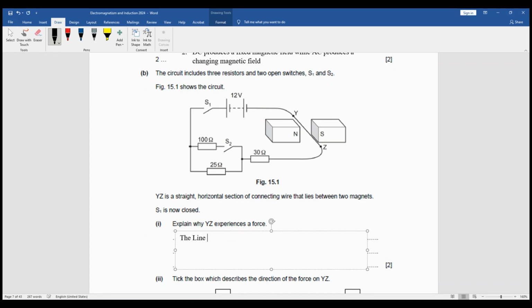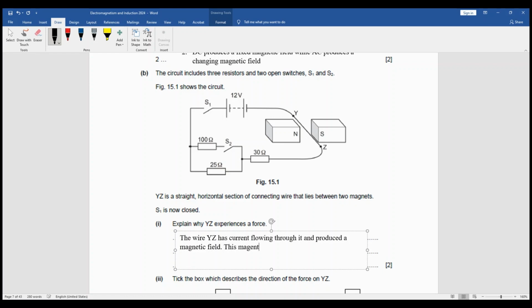The wire YZ has current flowing through it and produces a magnetic field.